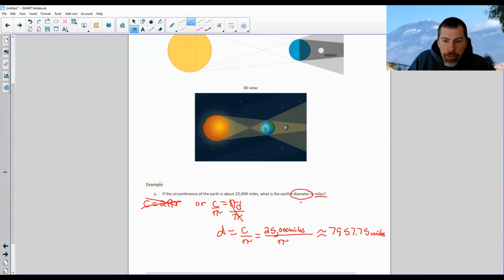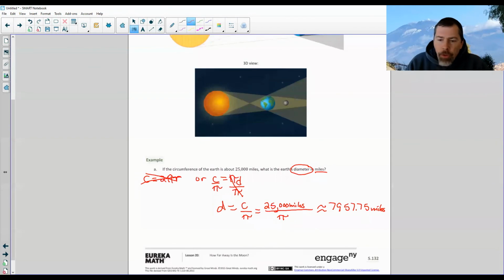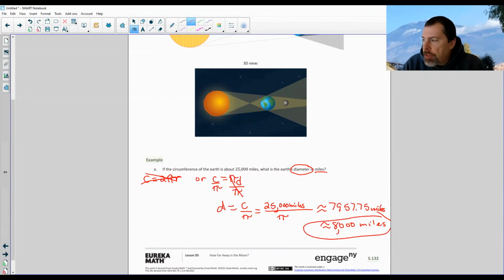So the Earth's diameter is approximately, so we're talking draw a straight line from the North Pole to the South Pole through the center of the Earth, and it would be 7,957.75 miles. Okay, so let's approximate that to make this easier. So let's just say it's approximately 8,000 miles. All right, so the diameter of the Earth, approximately 8,000 miles.